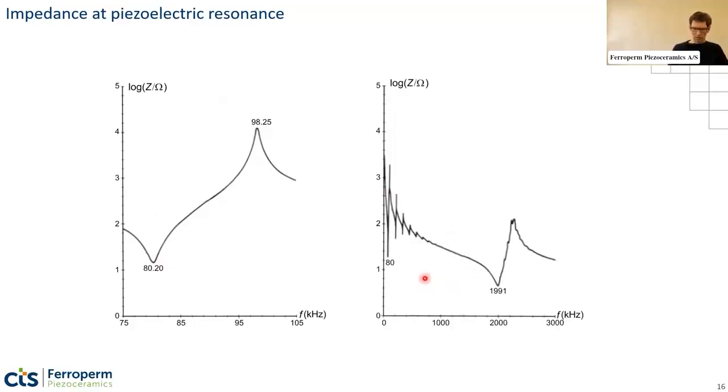The resonances and the frequencies are dependent on the dimensions. If you think back to the length of the tube, as I showed before, that has influence on the wavelength, then you may understand that the frequency really depends on the dimensions of the part. What you see here is an impedance spectrum of a piezoelectric circular disc, 25 millimeter in diameter, and the 25 millimeter and the sound velocity of that material will yield a resonance frequency here of 80 kilohertz.